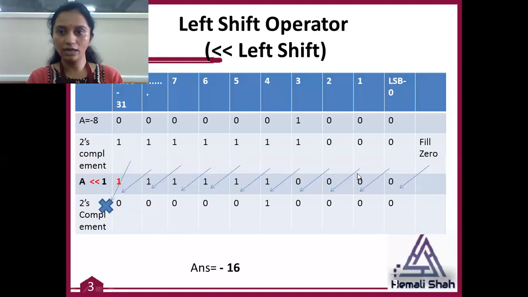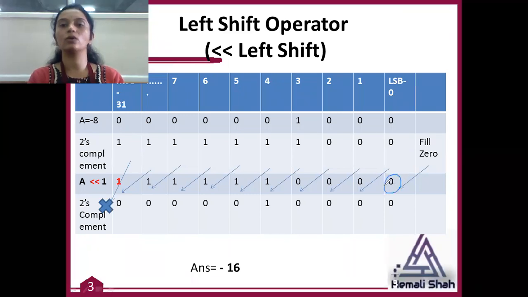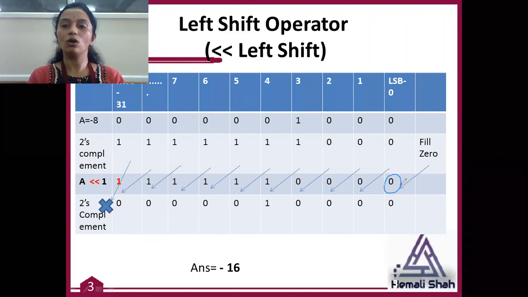Here is a 1, right? And you have to fill your least significant bit with some bit, either 1 or 0. We always fill it with 0, so fill it with 0. Now this is the actual answer.